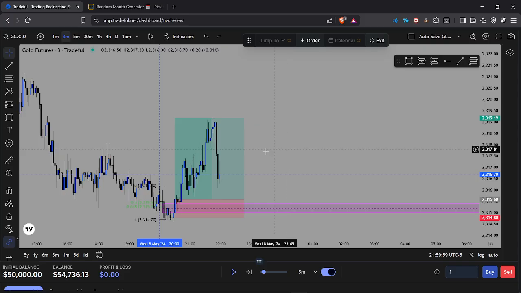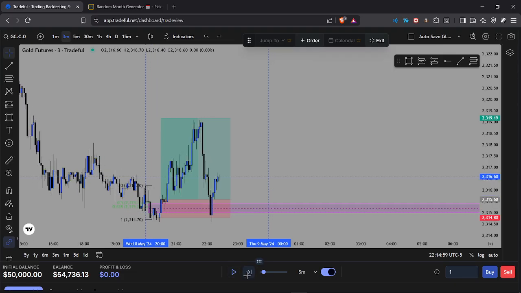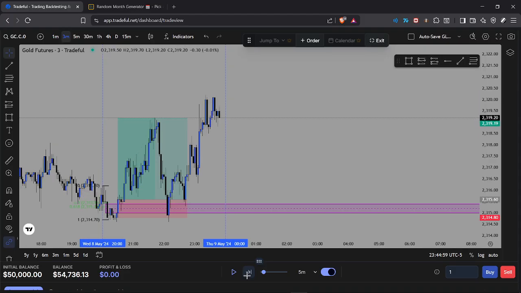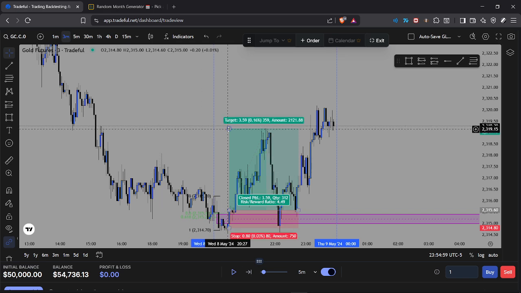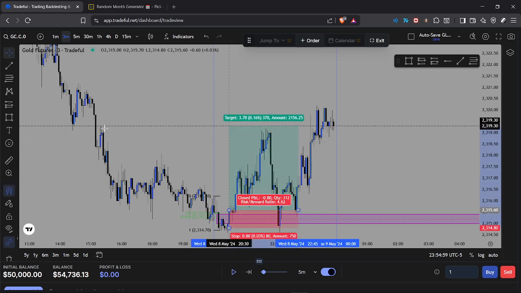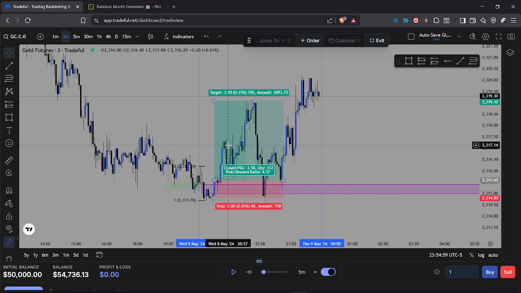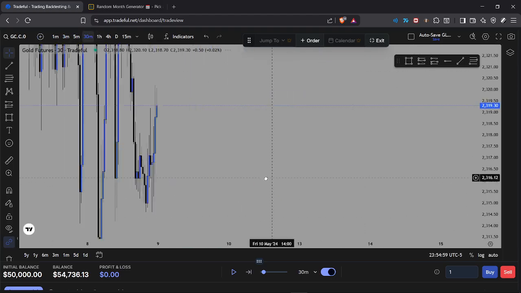Also, I'm pretty sure he lets it ride to the end of the session, which is kind of crazy to me. Yeah, you would get your 4R though. Say you targeted this, you would get your 4R. But on to the next day.